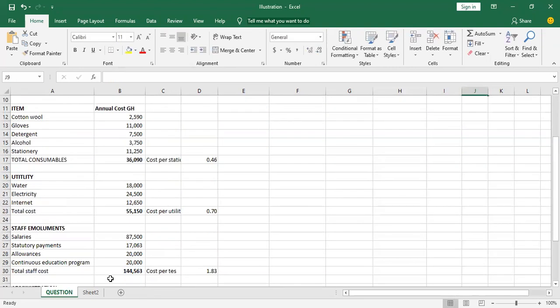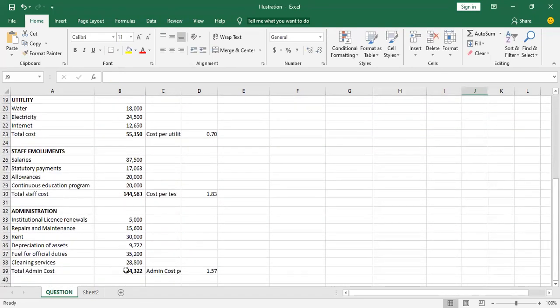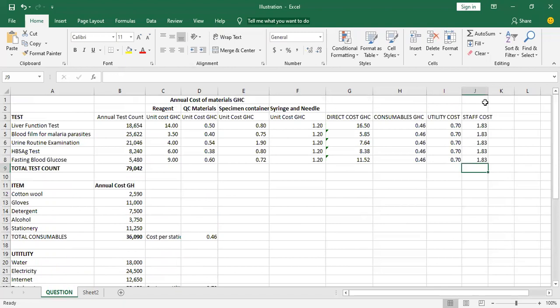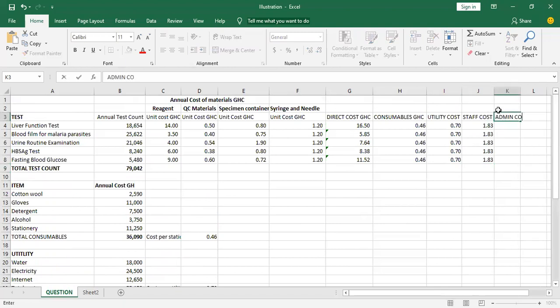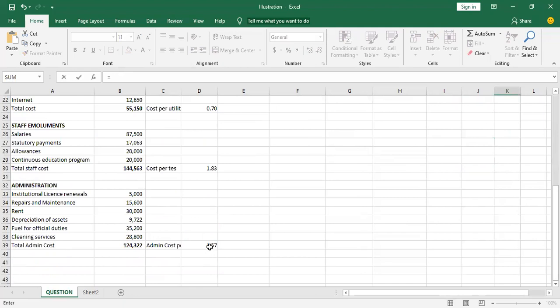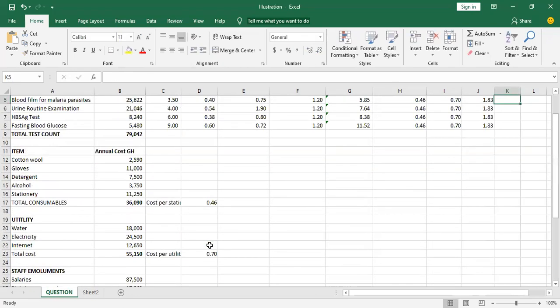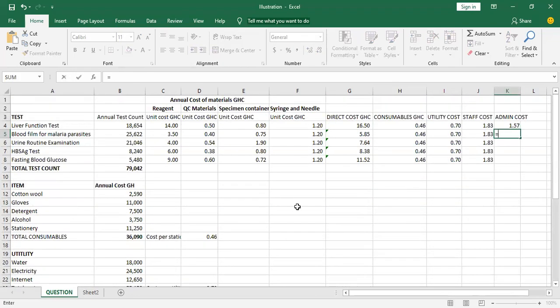Okay, next is administration cost. So we come here, admin cost. What did we have? We got 1 CD 57 pesos for each test.